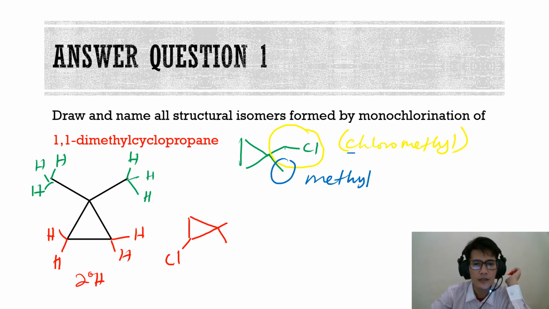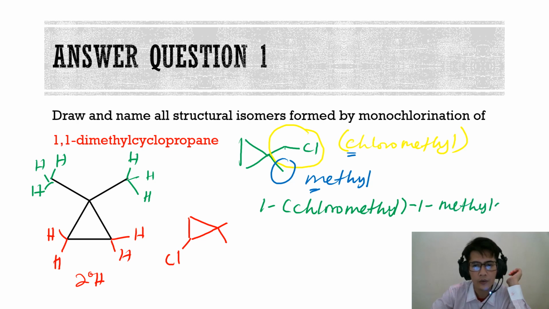Alright, so C comes before M, therefore the name for this compound is 1 chloromethyl. Okay, tutup bracket, sambung lagi 1 methyl cyclopropane. Panjang sangat sampai tak muat tempat. Propane. Alright, tapi sepatutnya kena sambung lah. Kena sambung.